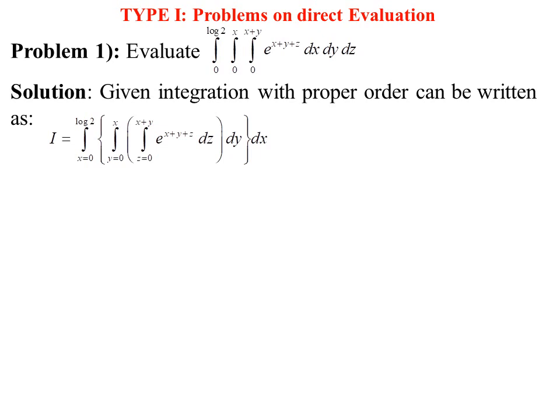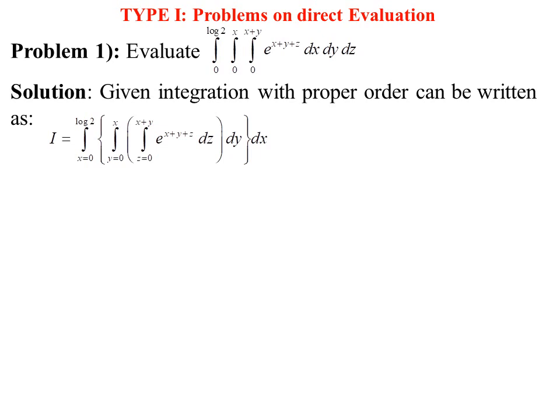And as this particular integration gives us a function of x and y, this should be the first term which we have to integrate. So the inner integration here I have written with respect to z. Then the second limits are 0 to x. So though the lower limit is 0, the upper limit is x, that means it should be the limit of y. So the second integration here we have considered with respect to dy.